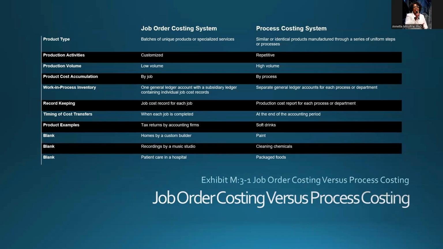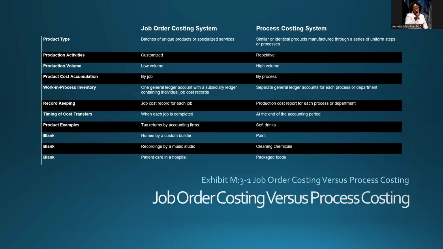They are the raw materials inventory, work in process inventory, and finished goods inventory. Now, the key differences between job order costing and process costing lie in how and when costs are recorded in the work in process inventory account.